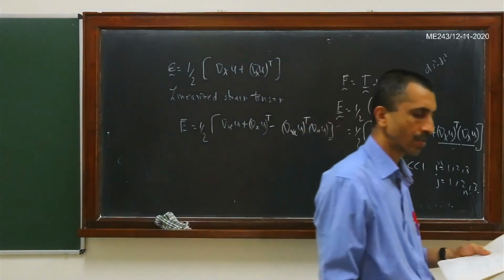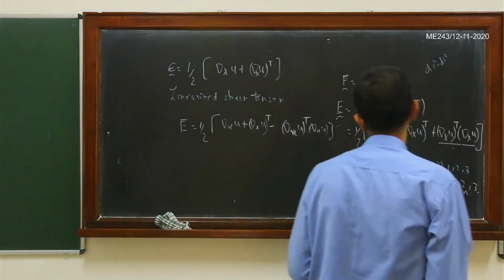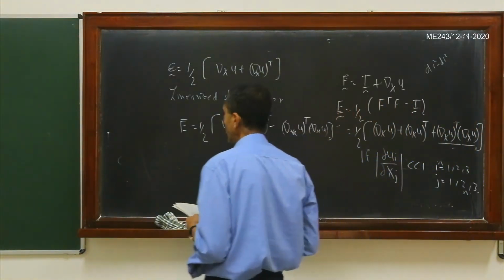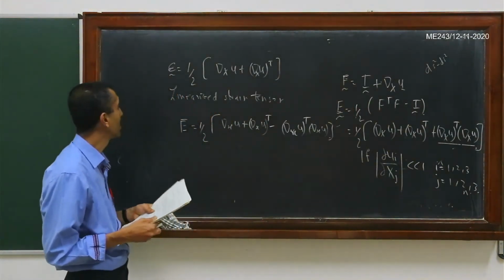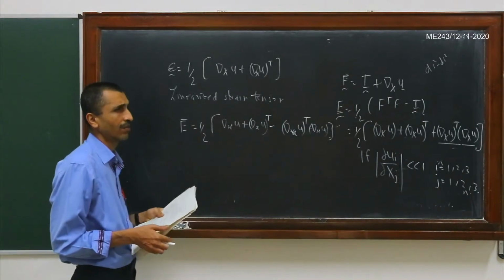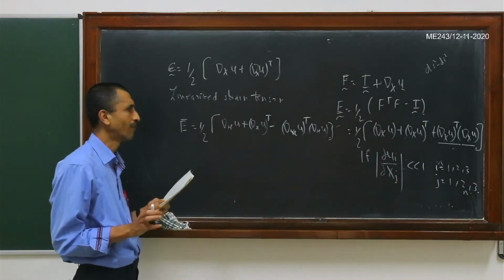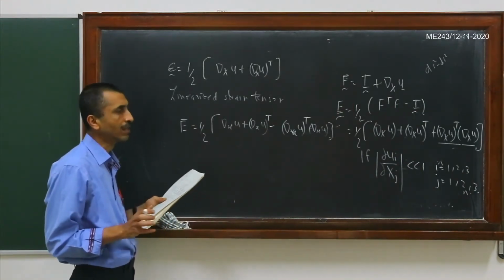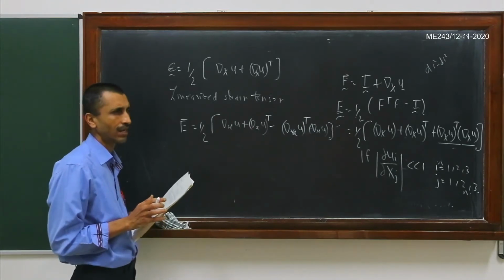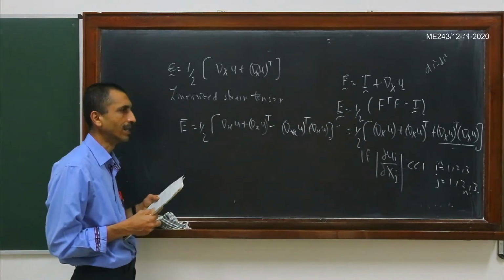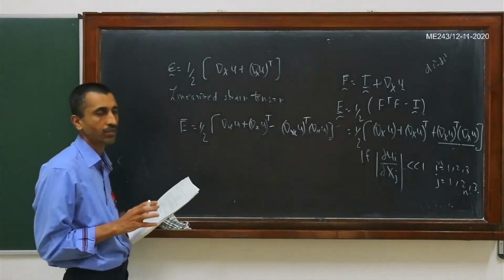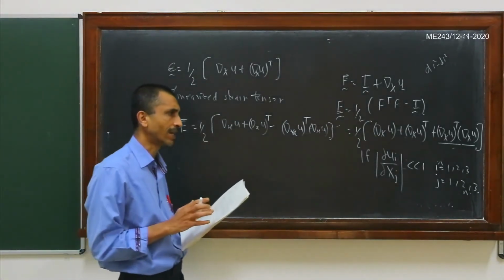For the nonlinear strain measure, it is difficult to give a physical interpretation for each component. For the linear strain measure, we sort of know the physical interpretation, that the normal strains are change in length per unit length. And the shear strain components you can interpret as a change in angle.